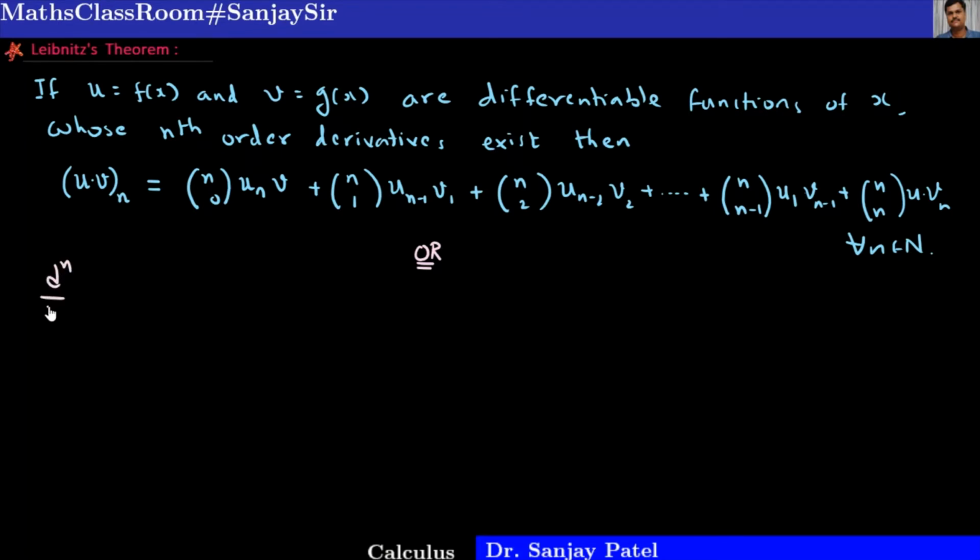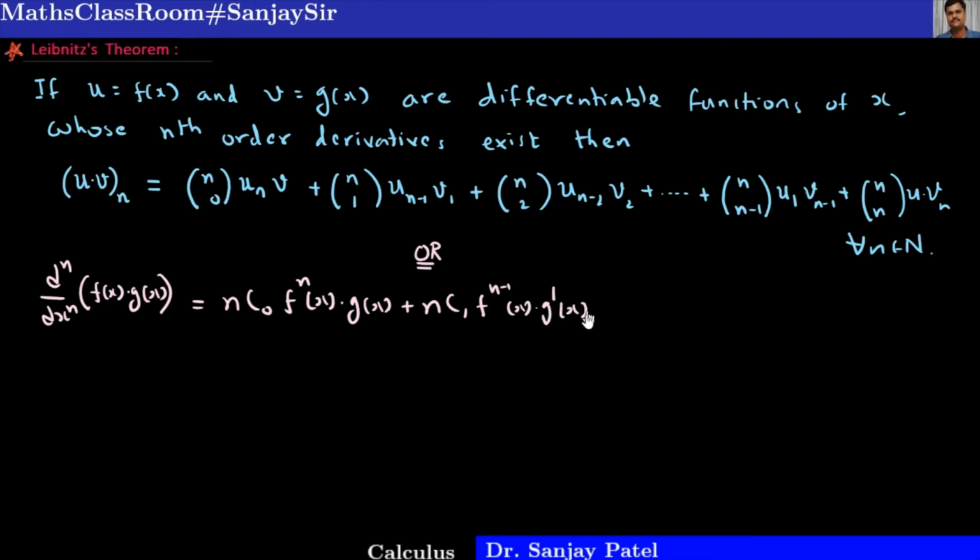So d^n by dx^n of f(x) into g(x) we can write as nC0 f^n(x) g(x) plus nC1 f^(n-1)(x) g1(x) plus, and so on, and the last term nCn into f(x) g^n(x) for every n belongs to N. Just we have replaced the symbols u and v by the functions f(x), g(x).